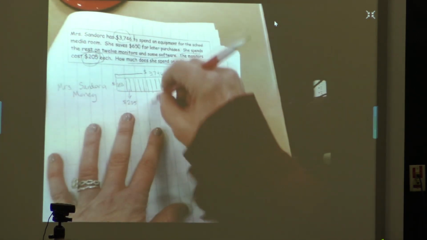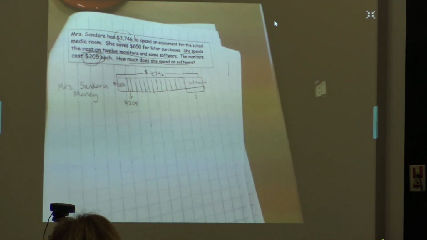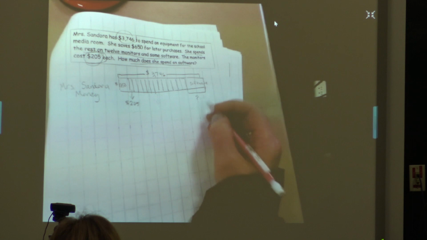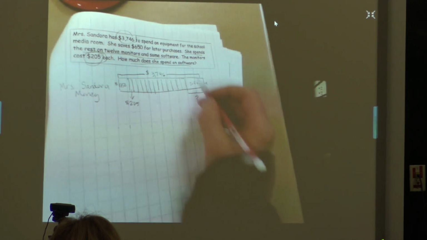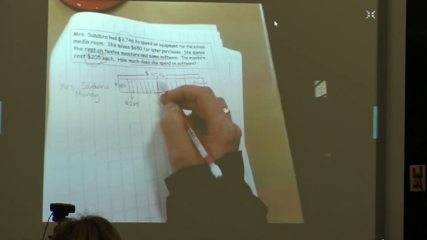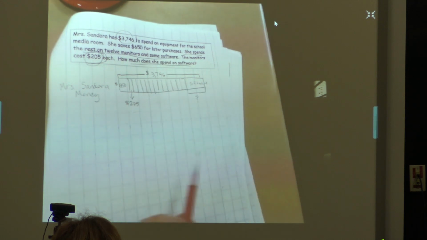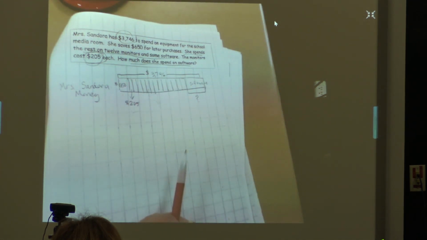Okay. Can you now see the computation part of it? We're trying to now figure out how much. Always look at that question mark. So what do we need to take out of the 3,746? So what would be your first step? I'm curious. What would you do? Multiply?